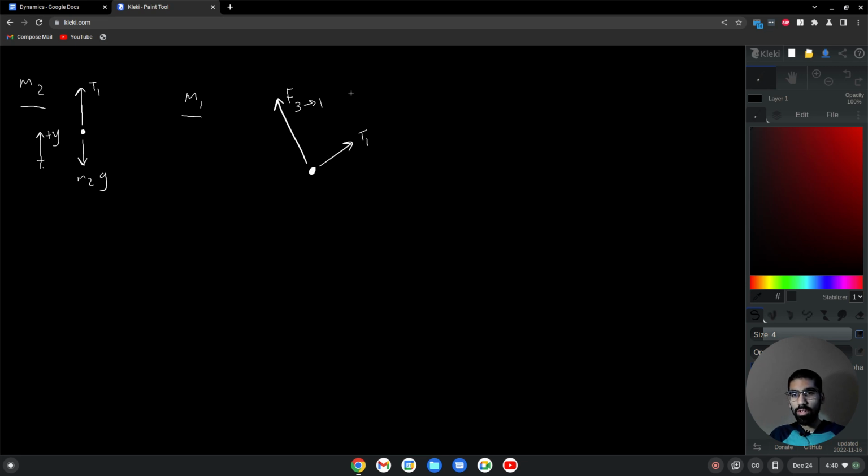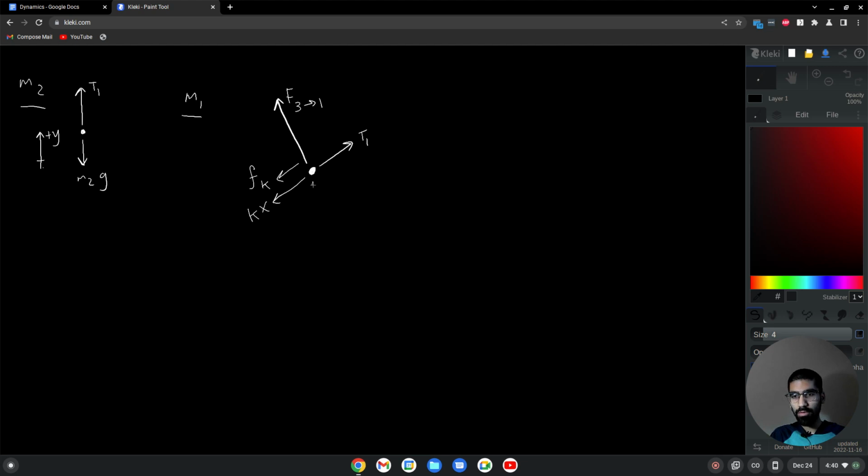Now, we also know that this mass 1, as we talked about, is going to move up the ramp. Well, if it's moving up the ramp, that means not only are we going to have the force of the spring in the other direction, but also we're going to have a kinetic friction, because we have motion in this direction, so friction is going to oppose the direction of motion.